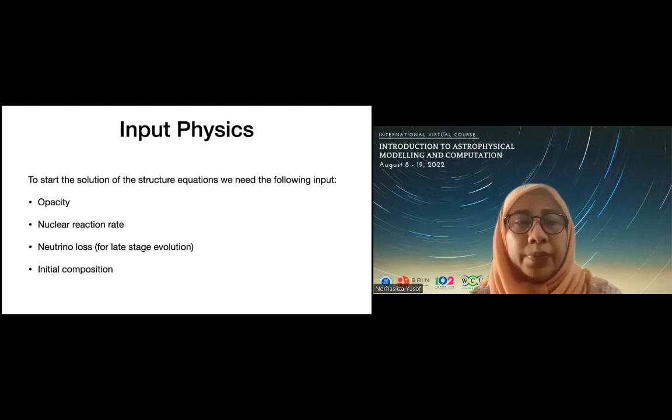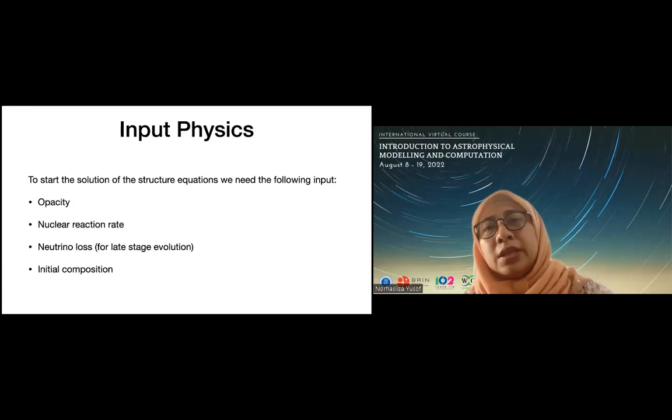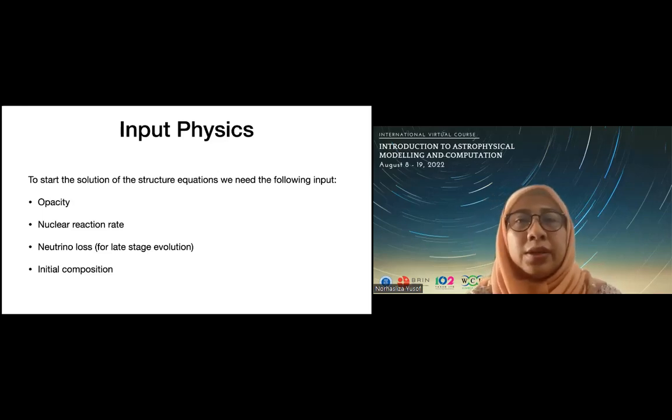So if you read papers, or try to learn a stellar evolution code, the first thing it will ask you is what are the physics inputs for you to implement in the stellar evolution code. So one thing is that we have to give opacity.